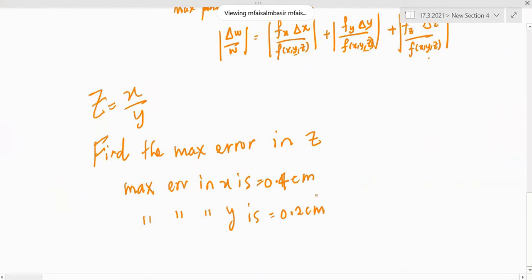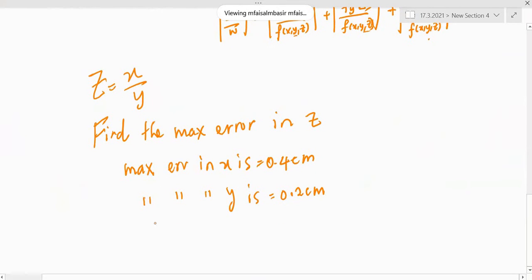So one is 0.4, another one is 0.2. When X is 8 cm and Y is 4 cm.